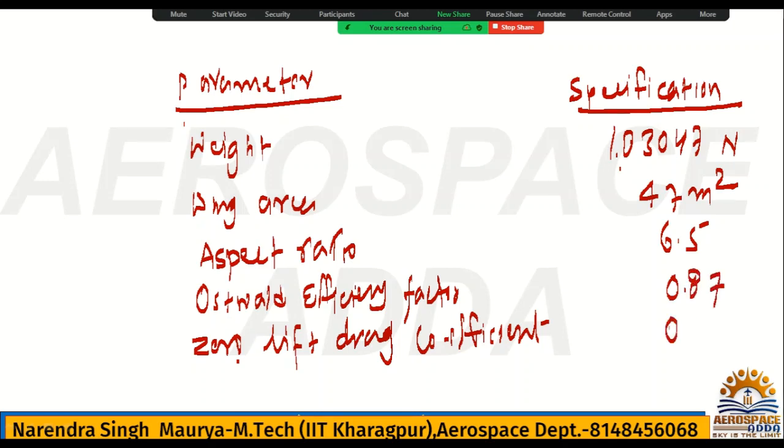Zero lift drag coefficient they have given 0.032. Please write this. These are the specifications, means given data. Okay. These are the given details. Okay.